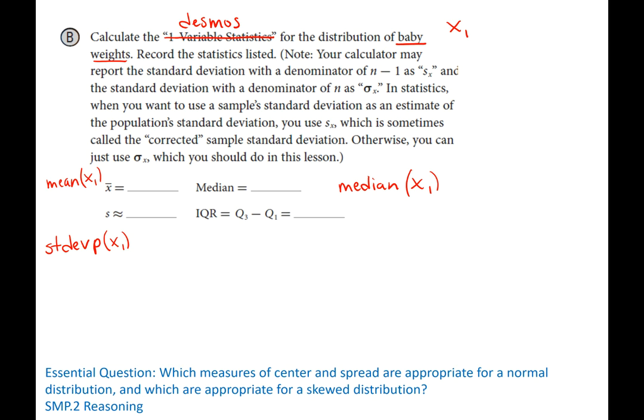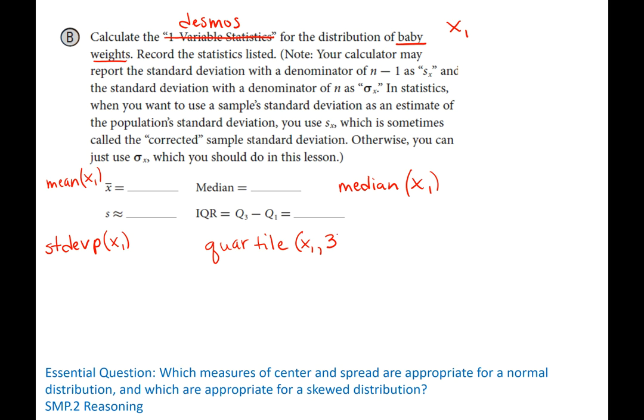There we go. Okay. And then for the IQR, in order to calculate it, we'll talk more about the IQR and explain it a little bit better. But for you to calculate it using the calculator, you have to type in the word quartile. And then you do X1, a comma, and then you're going to say 3.